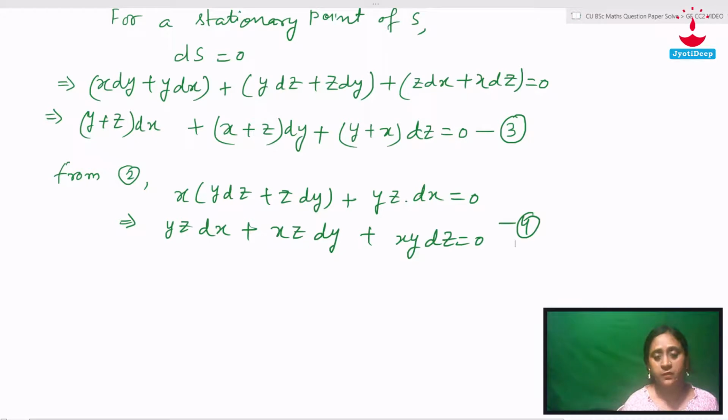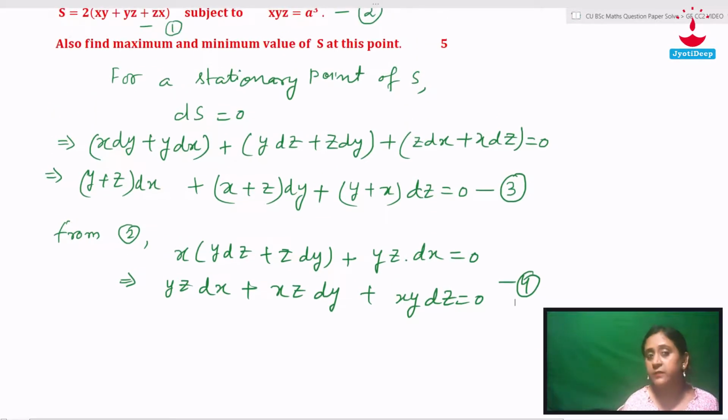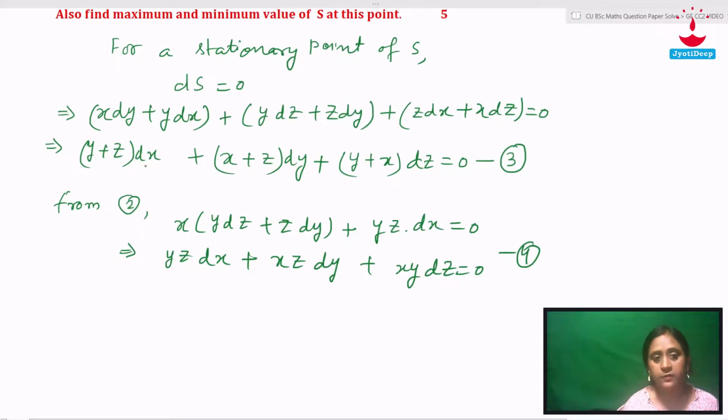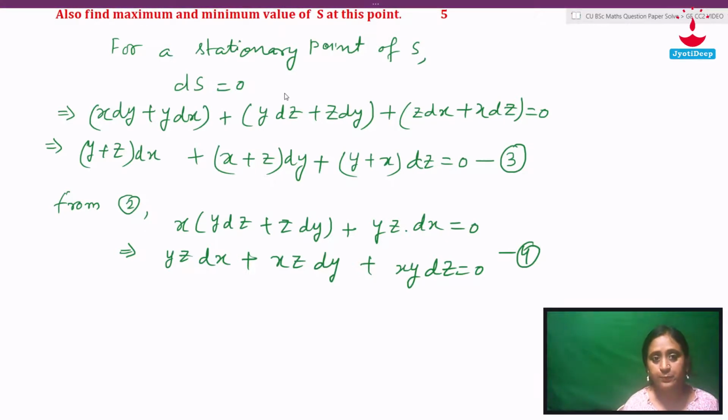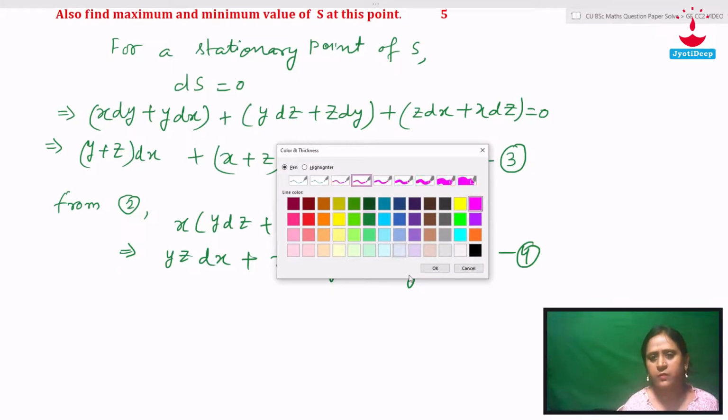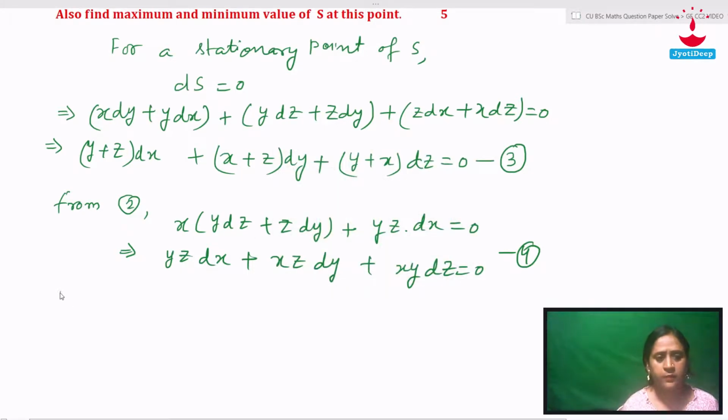Okay. Now we are going to use Lagrange method of undetermined multiplier. So here we are taking 1 and lambda as multiplier. Okay.